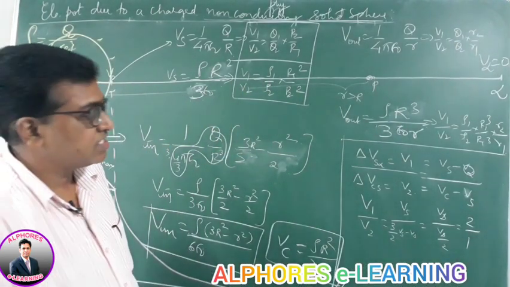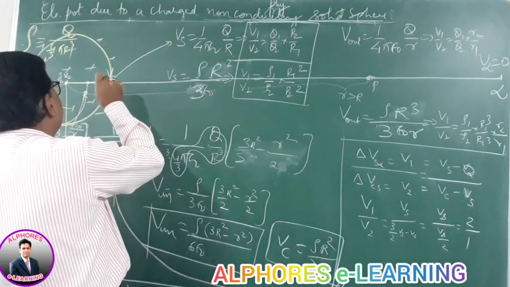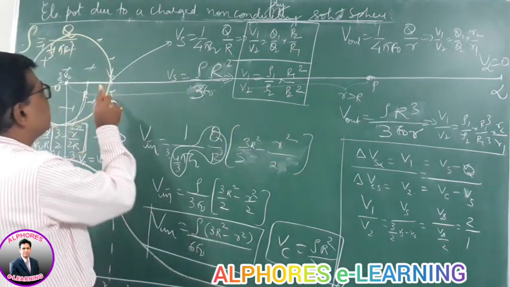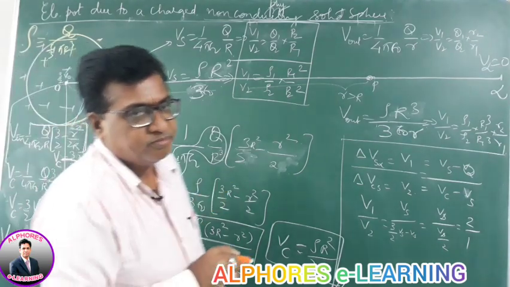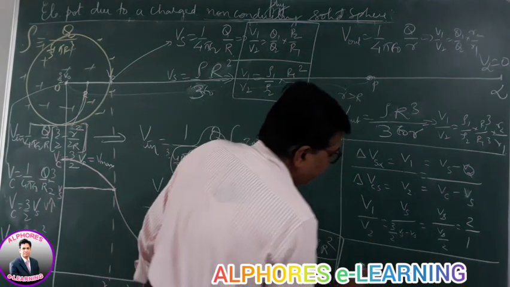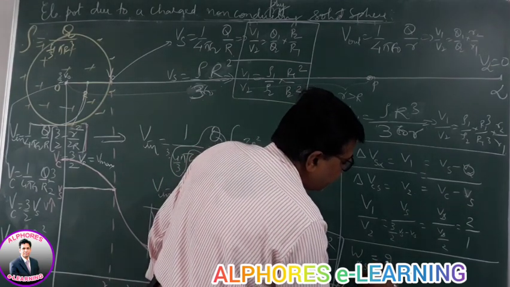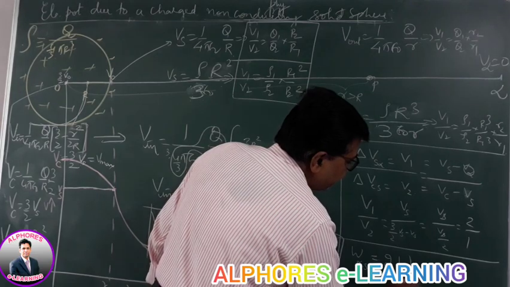Work done in moving the charge from infinity to surface is twice the work done in moving from surface to center. If the work done to move the charge from infinity to surface is W, from surface to center it is W by 2. Very beautiful question. Work done to move from infinity to surface is twice the work done to move the unit positive charge from surface to center.